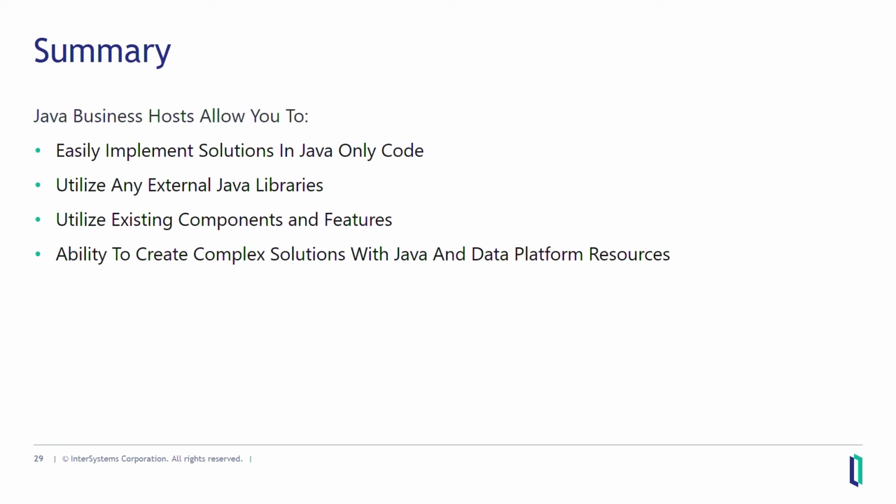All right, so to summarize, the Java business hosts allow you to easily implement solutions using Java-only code. Your Iris Data Platform interoperability developers really are able to bring that code in and do it in such a way that you don't have to drop into ObjectScript. You don't have to do any type of development.